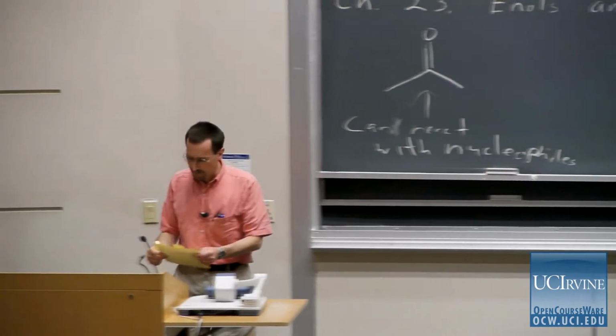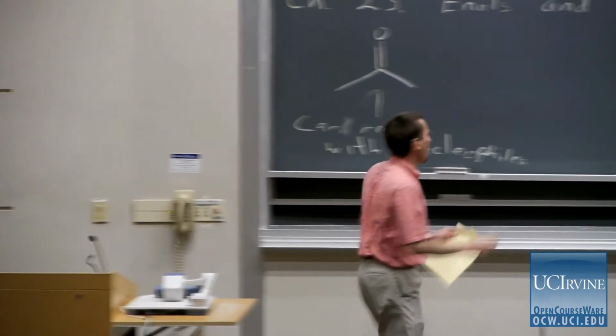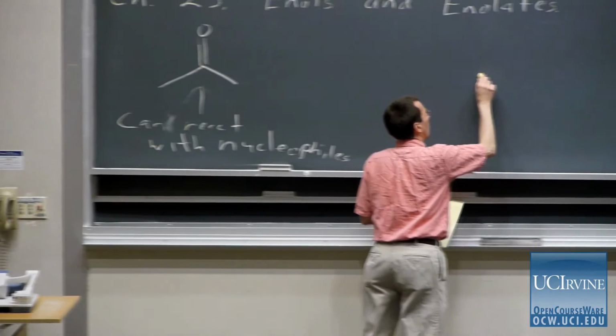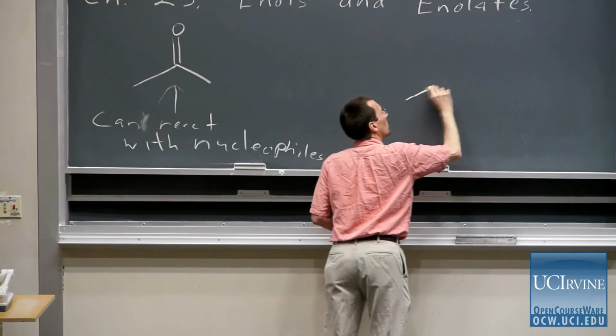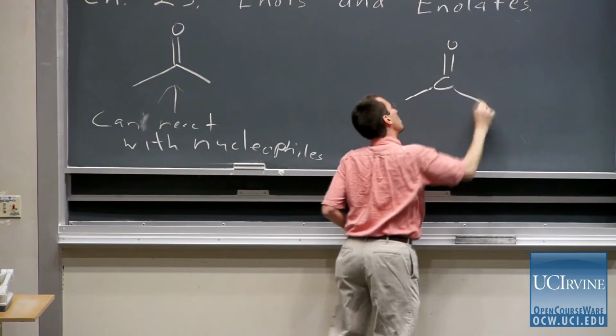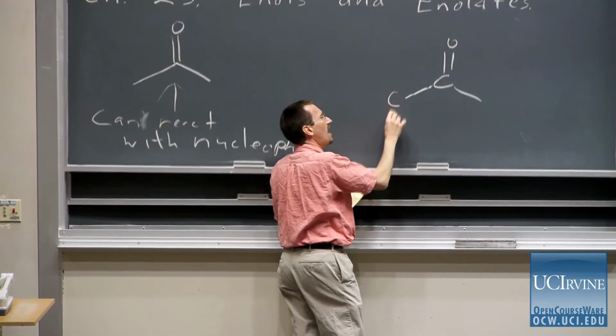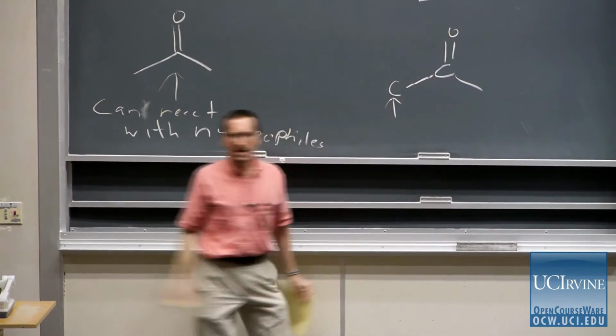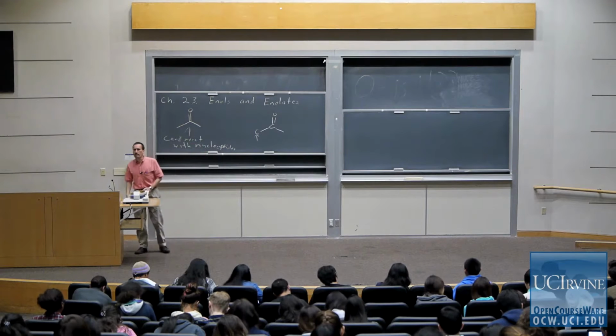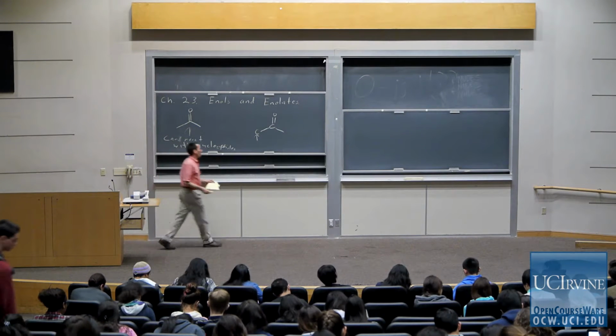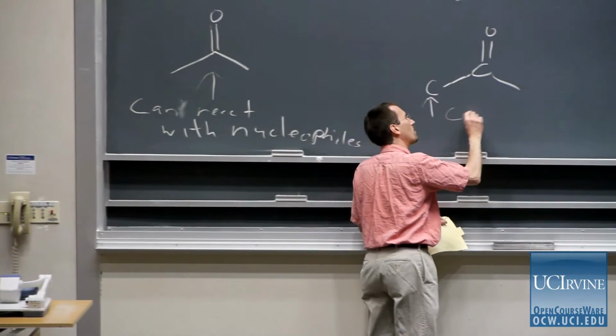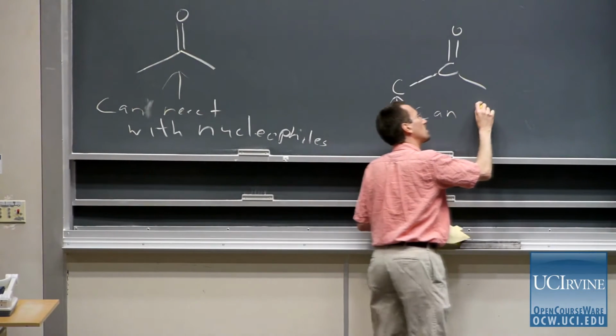And now we come to this second half, and so I'll say, now we bring in this notion that the alpha carbon, under the right conditions, can react as a nucleophile. In other words, it can react with electrophiles.